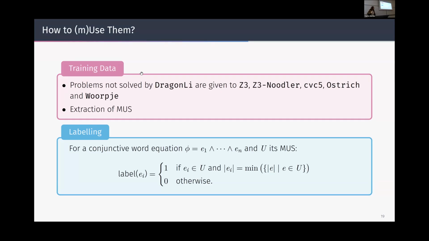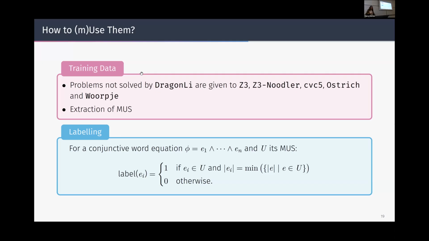It will only choose 1. So it was, empirically speaking, more efficient to only label one equation as 1. So 1 is the equation Dragonly should choose, only the shortest one in the MUS. And yes, this is our training data.